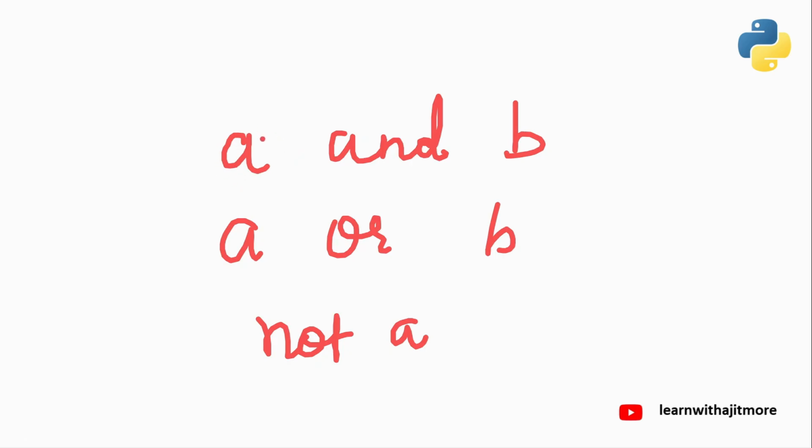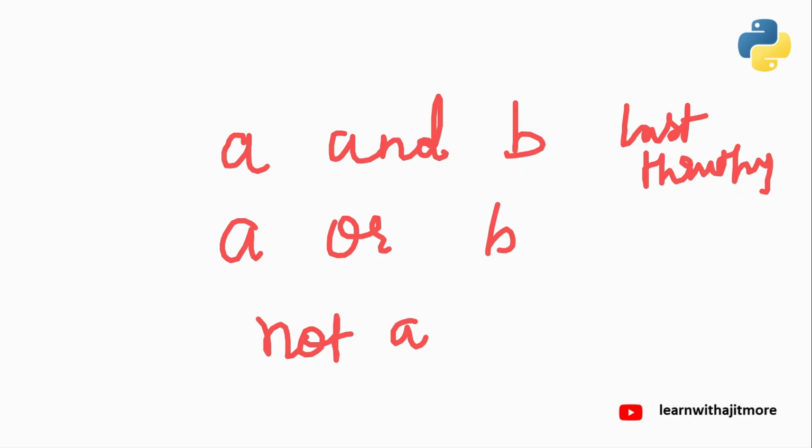Only thing is, if A and B are not Boolean data types, then as I said, in case of AND, it will give you the last truthy value. Last truthy value means when all are true. When A is true and B is also true, the last truthy value is returned.